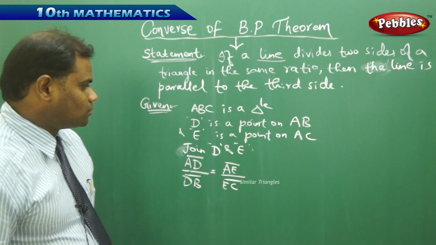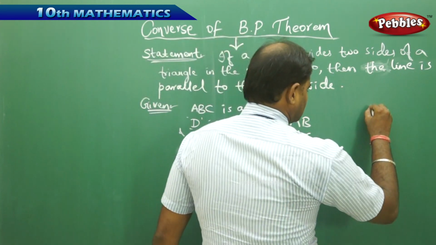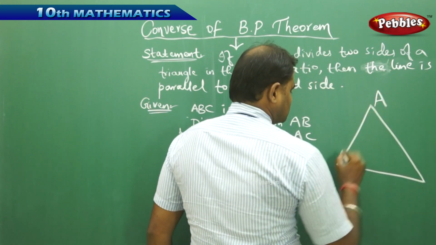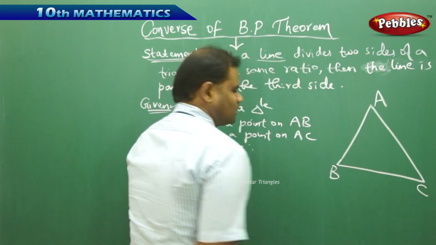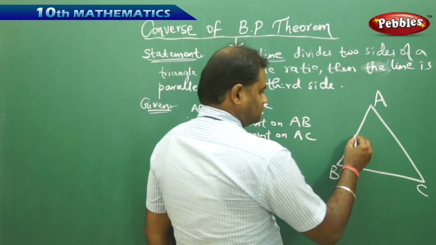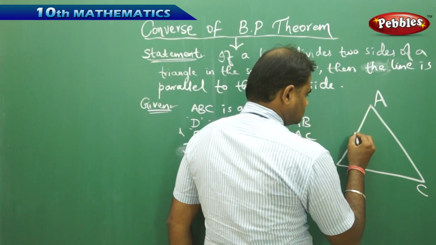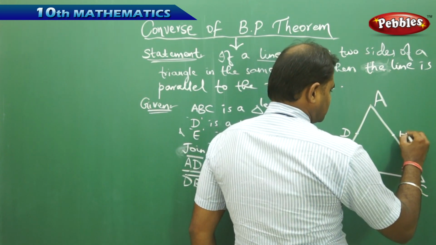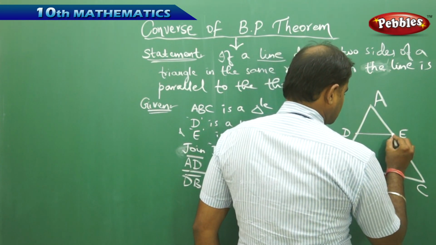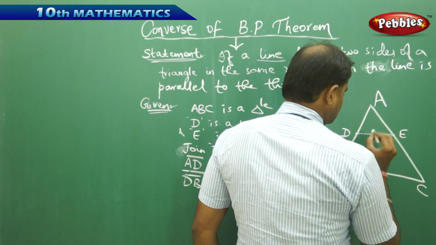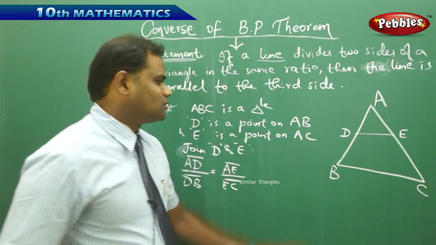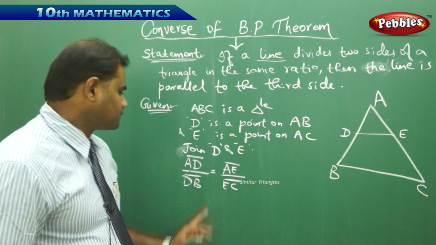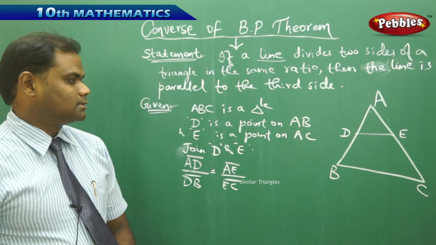Now, let's take the diagram of a triangle ABC where I have a point D on AB and point E on AC such that this line divides the other two sides in the same ratio. That is, AD by DB is equal to AE by EC.